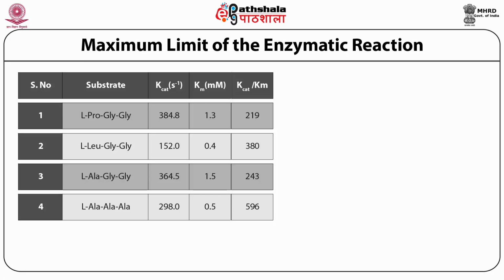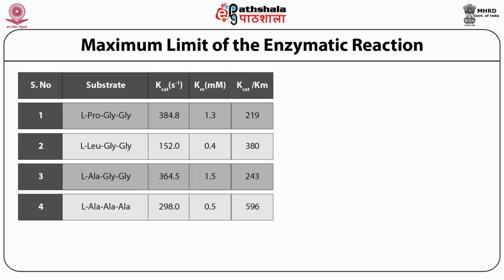The first substrate is L-proline, glycine, glycine, which has kcat 384.8 and Km 1.3 millimolar. kcat by Km is calculated by dividing kcat by Km, and the value is going to be 290. Similarly, kcat by Km for the second substrate, L-leucine, glycine, is going to be 380.